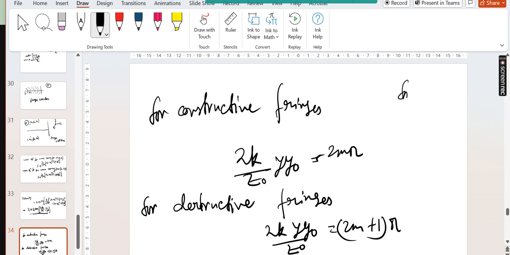For n is equal to 0 we get, see, y naught z naught is a constant, k is constant, so y is equal to 0, that is x-axis or z-axis.